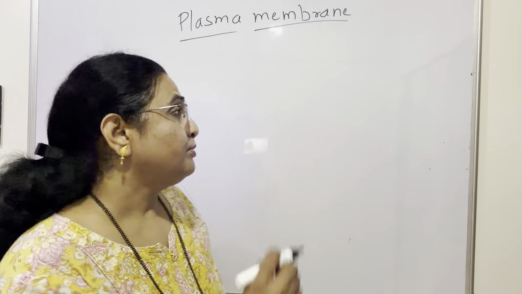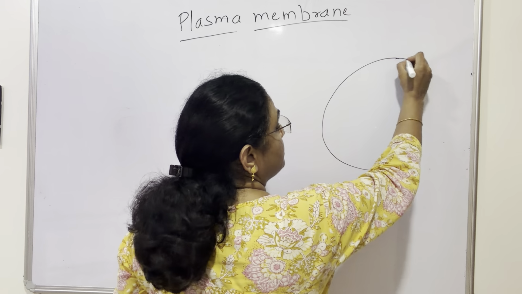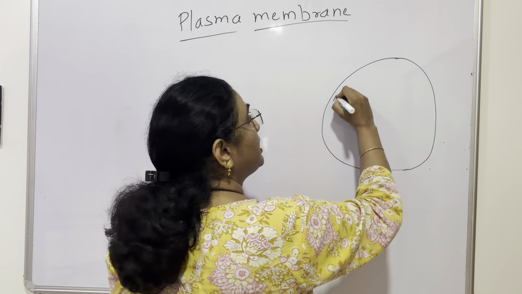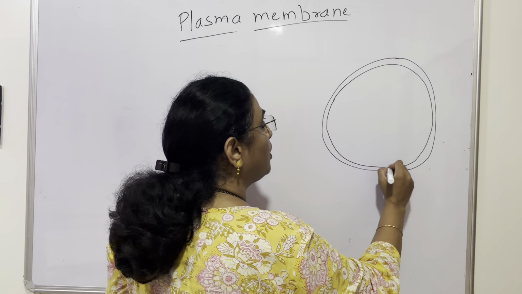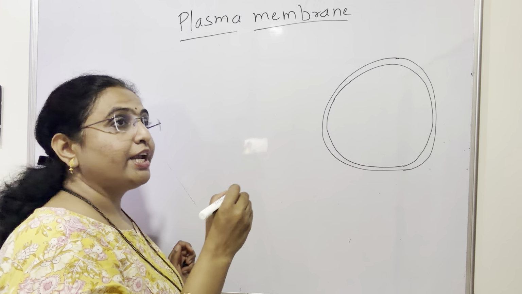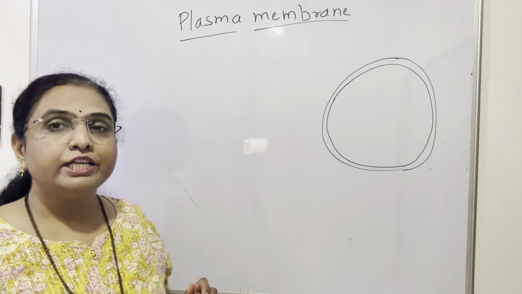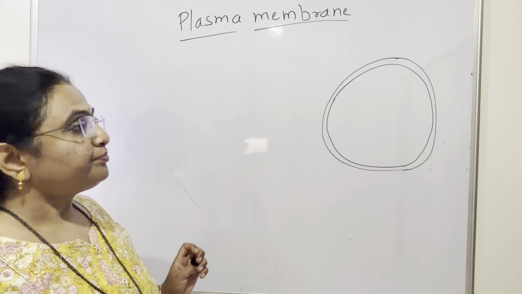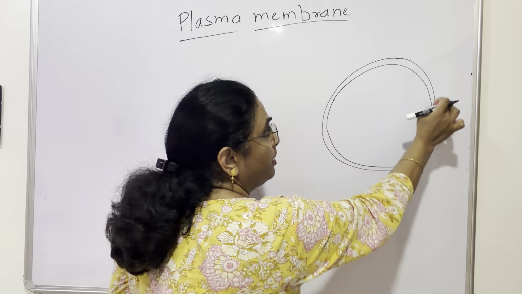Suppose we consider here a eukaryotic cell, and this is the plasma membrane. The plasma membrane is the outermost covering of the eukaryotic cell. In an animal cell, the outermost covering is the plasma membrane. So here is the boundary.